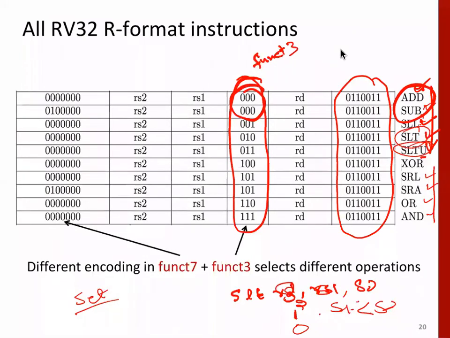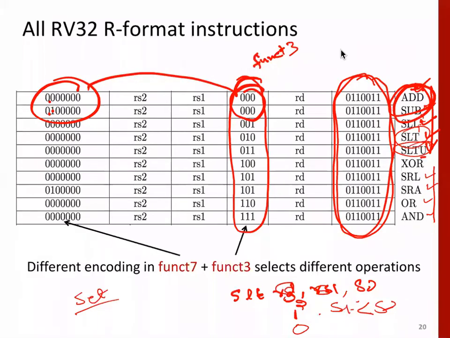Now we need to find out what is the difference between add and subtract. Only here we can see one bit different. The moment we see that these are R type instructions, when we are decoding it, we know what the different fields are and where to get the values. So hardware implementation becomes very simple.